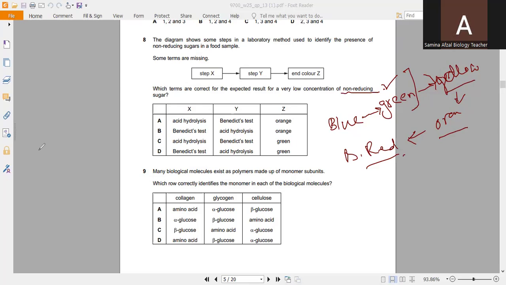So X is the acid hydrolysis, then the Benedict test, and then it will be orange, which contains the highest amount. So this cannot be the correct one.